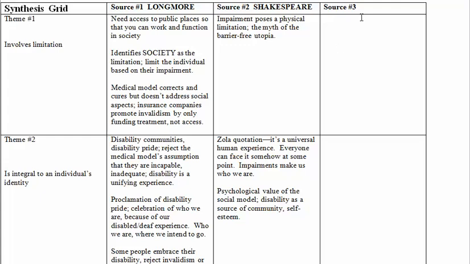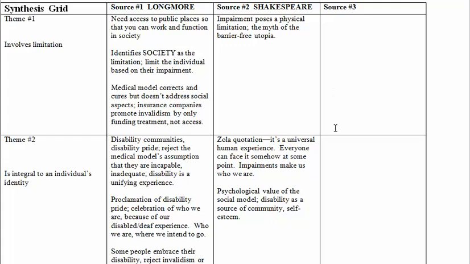Likewise, if I was going to include a third source, there are a number of sources that I could incorporate here. For example, if I wanted to look at Strauss's autism as culture, I might talk about the way that autistic traits can be perceived as a limitation because of the degree to which they exist relative to neurotypical people.